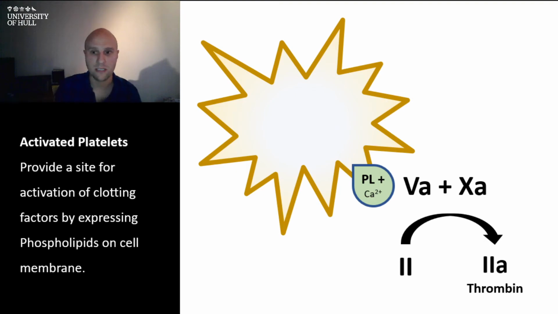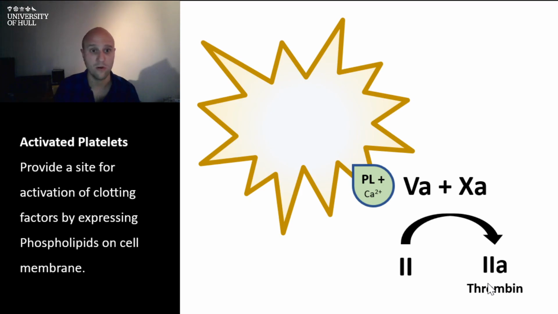And they also express phospholipids, which when you combine them with calcium, acts as a site for a lot of those enzyme type reactions that need to happen during the clotting cascade. So for instance, we've got this phospholipid on the surface of an activated platelet here, and that provides a space for factor 5 and factor 10 to work together to convert prothrombin to thrombin.